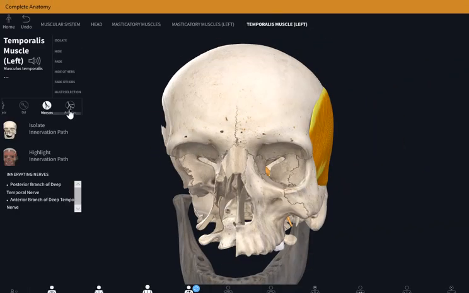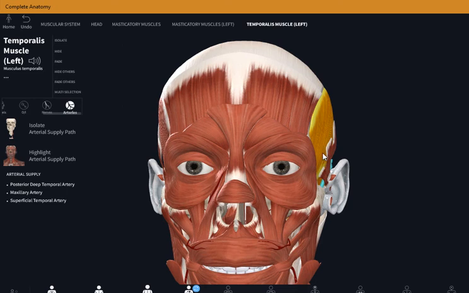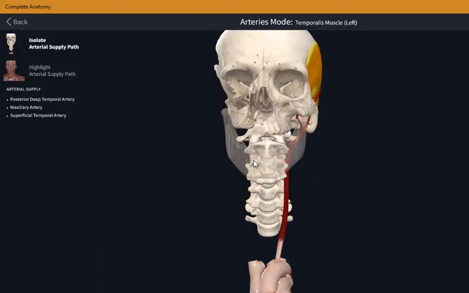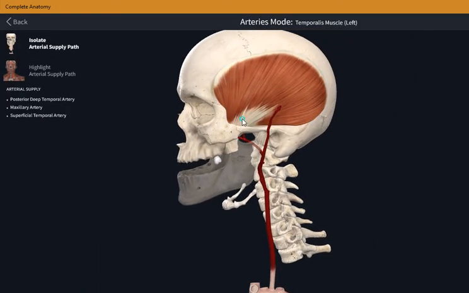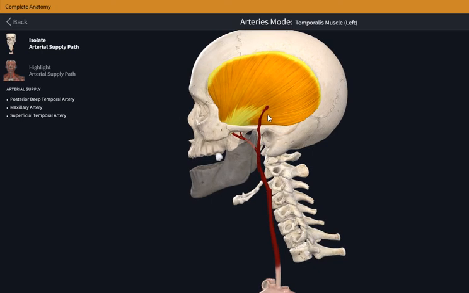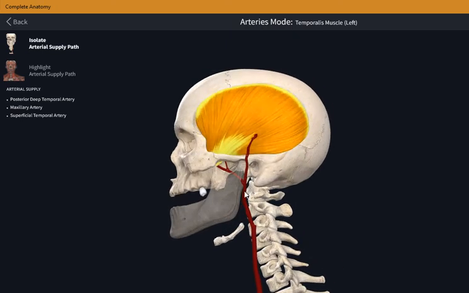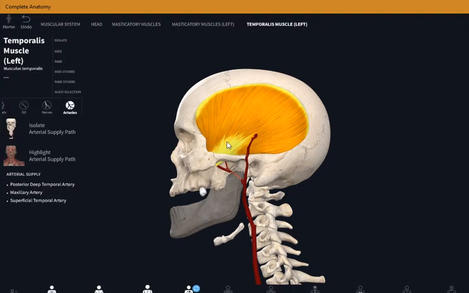Now let's see the arterial supply. We come up and realize that it is from the superficial temporal artery and the maxillary artery, as we're going to see in our next tutorial.